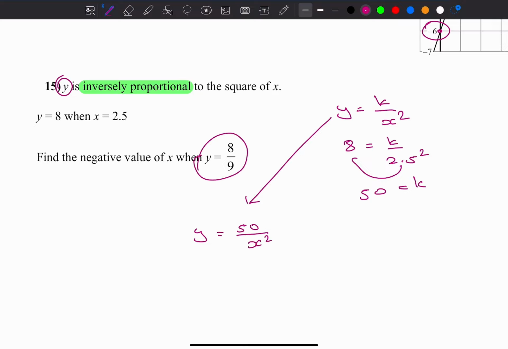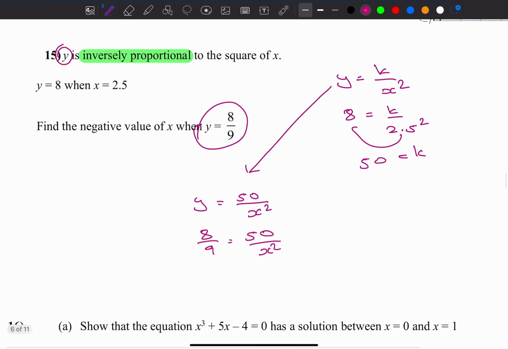When y is 8 over 9, 8 over 9 equals 50 over x squared. Cross multiply. 8x squared equals 9 times 50, which is 450. Divide by 8, then square root of 450 divided by 8, which is 7.5. That's the answer.